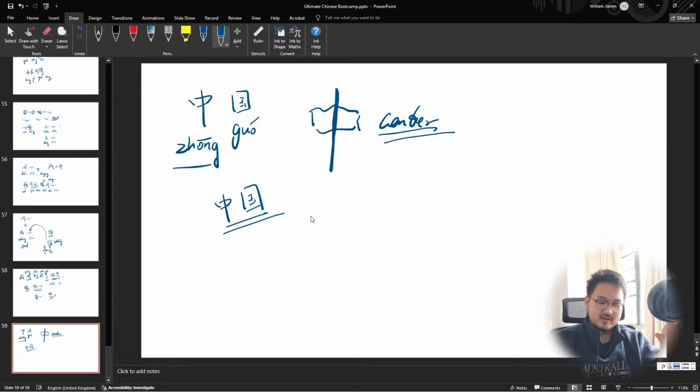For example, if you go to the UK, that world map is centered on the UK, and the rest of the world is arranged around it. If we go to America, America will become the center of the world. If we go to China, China's world map will have China as the center of the world.